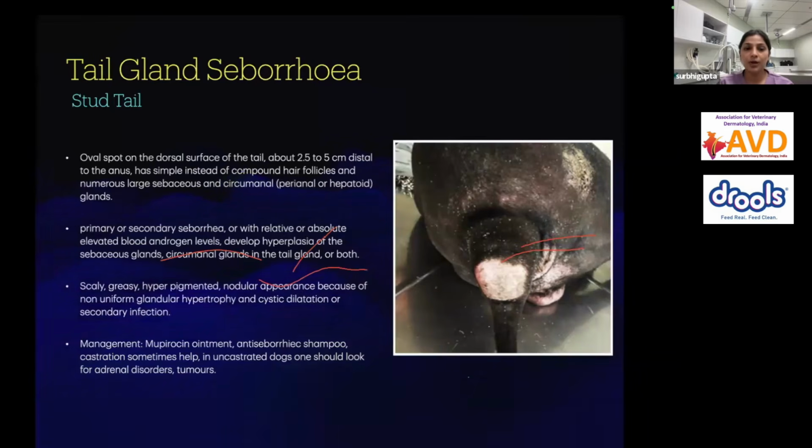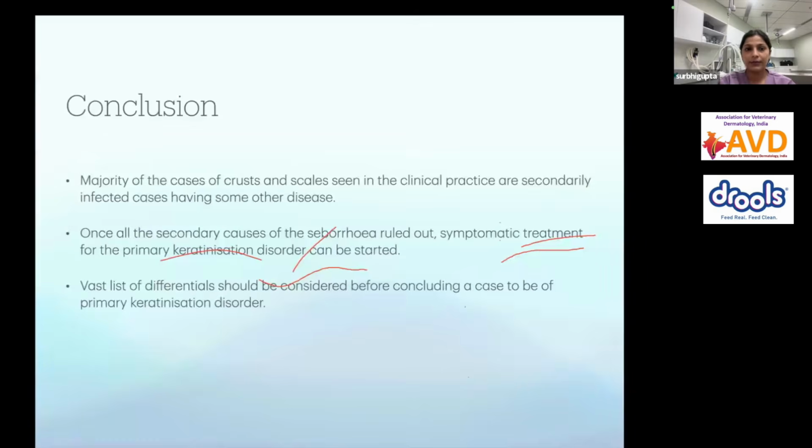Adrenal carcinomas and disorders should be ruled out properly in these cases. The area should also be cleaned: you can wash it with shampoos and clip it so that it's cleaner. Generally it remains confined to that area only, and proper cleaning and topical therapies help a lot.